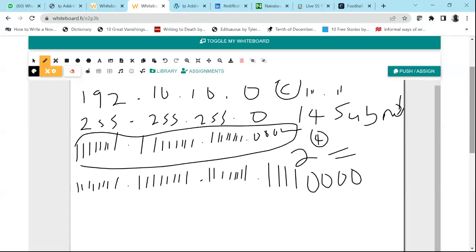So that means my new subnet mask now becomes 255.255.255. And this is why your conversion was very important. Plus 128 plus 64 plus 32 plus 16, right? That is 240.